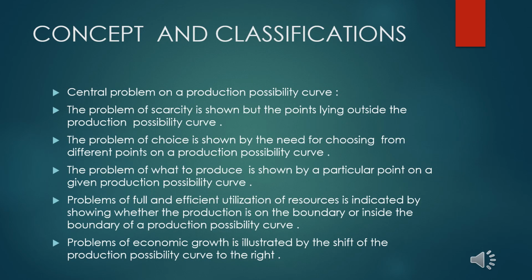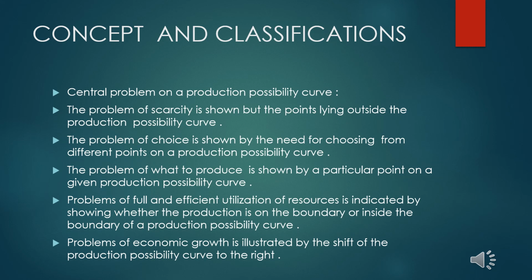Let us now learn about the central problems on a production possibility curve. The problem of scarcity is shown by the points lying outside the production possibility curve. The production possibility curve also shows the problem of choice by the need for choosing from the different points on the curve.